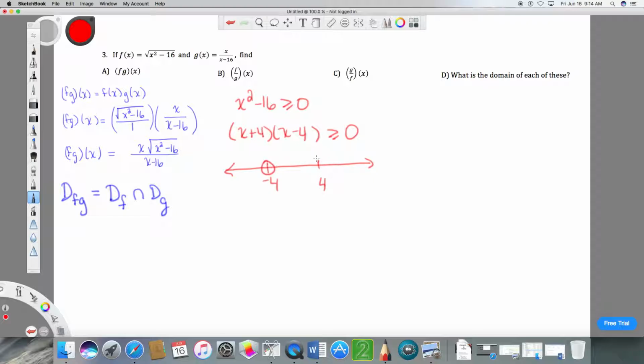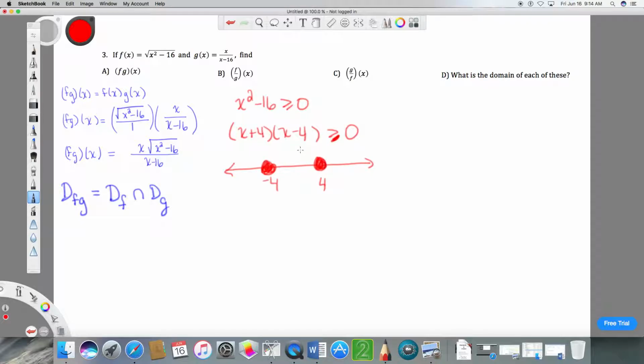Our first decision is whether to leave these out of the domain or to include them in the domain. Since it says greater than or equal to, because that arrow is underlined there, we include these in the domain.